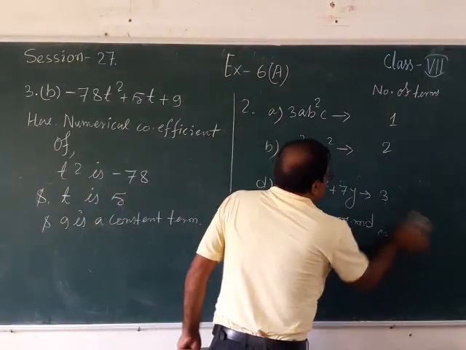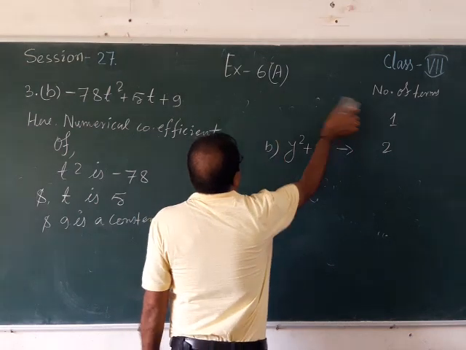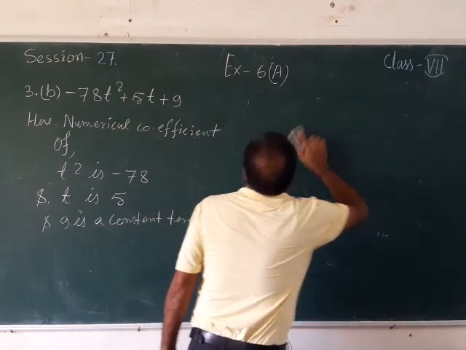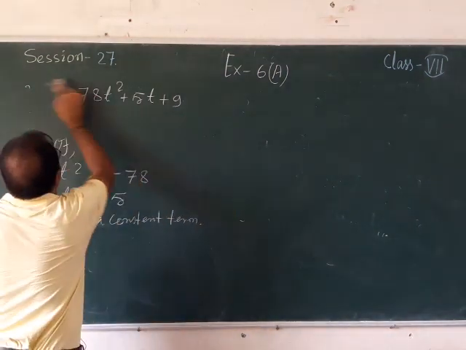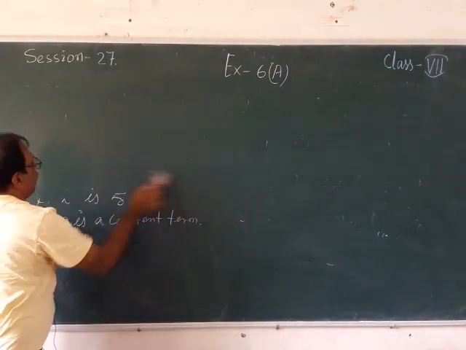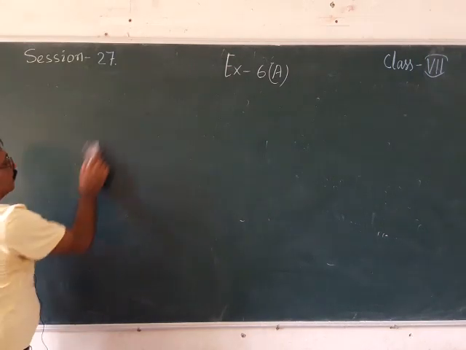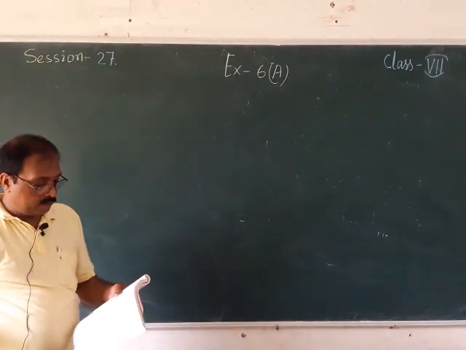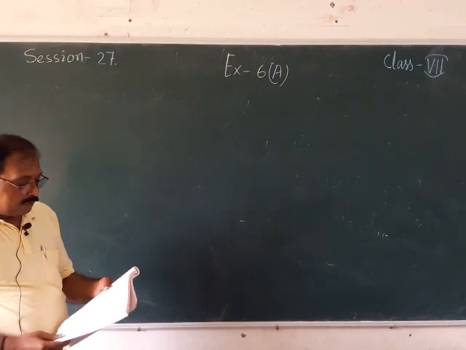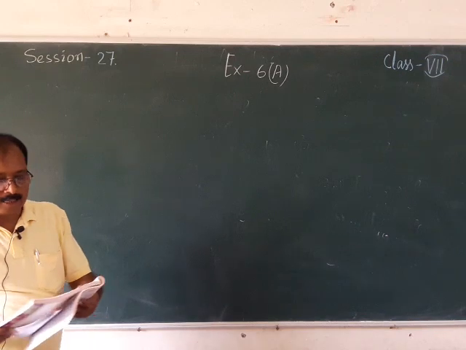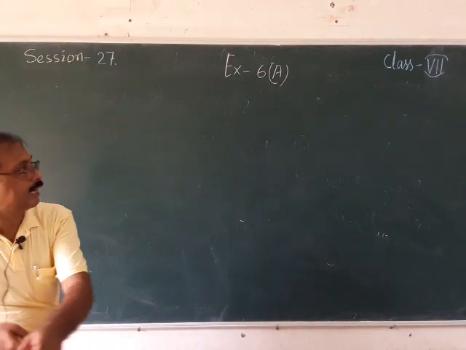Now looking at the other questions, we will go for question number 4. Just go through and read question number 4. In question number 4, identify and group the following terms as like and unlike terms.